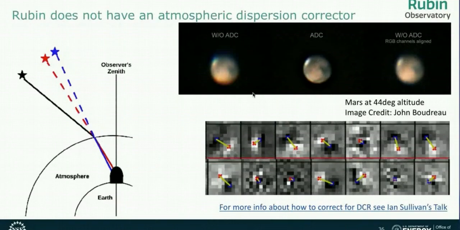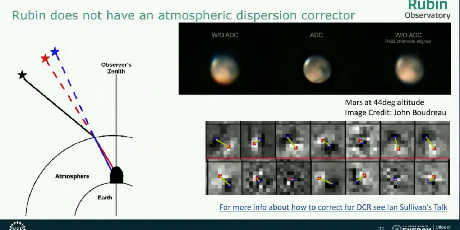A little note about dipoles. What we've been looking at is Hyper Suprime-Cam data. Hyper Suprime-Cam has an atmospheric dispersion corrector. The Rubin Observatory will not. The atmospheric dispersion corrector corrects for differential chromatic refraction.